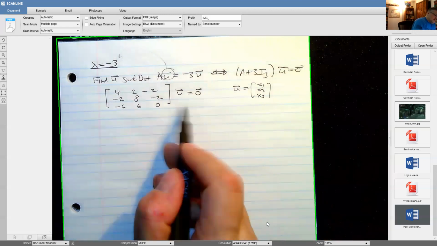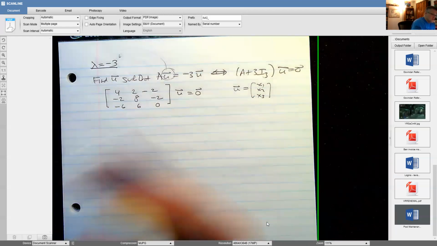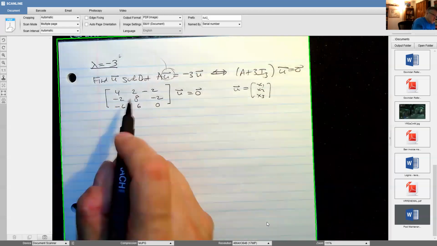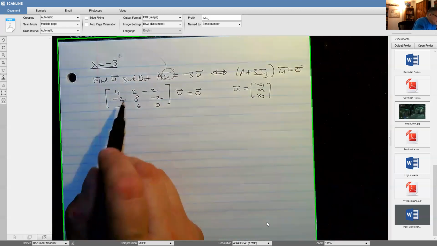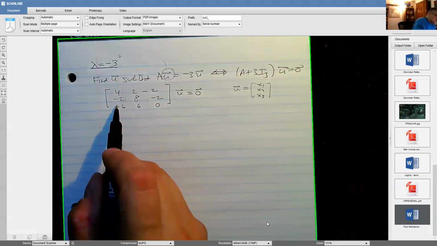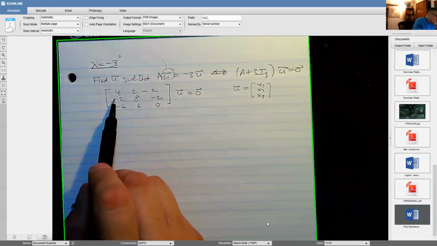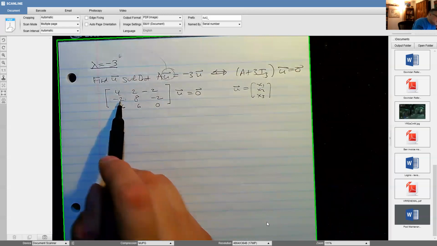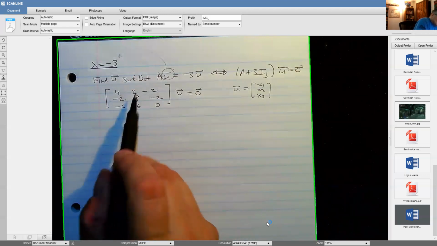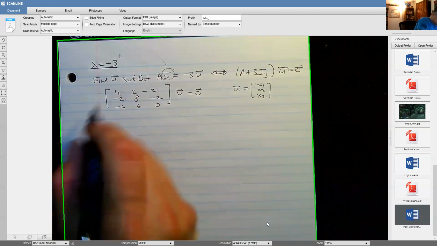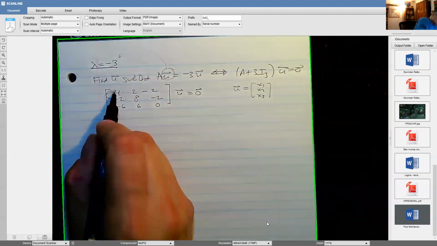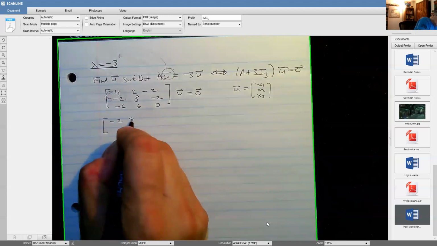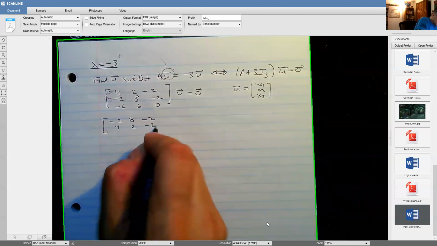Okay, well, to solve that, we have no choice but to put it into echelon form, right? And so I want zeros in both of these positions. So I'm going to interchange rows 1 and 2 first. You can piddle around with this any way you want, but I'm just trying to ease the arithmetic.